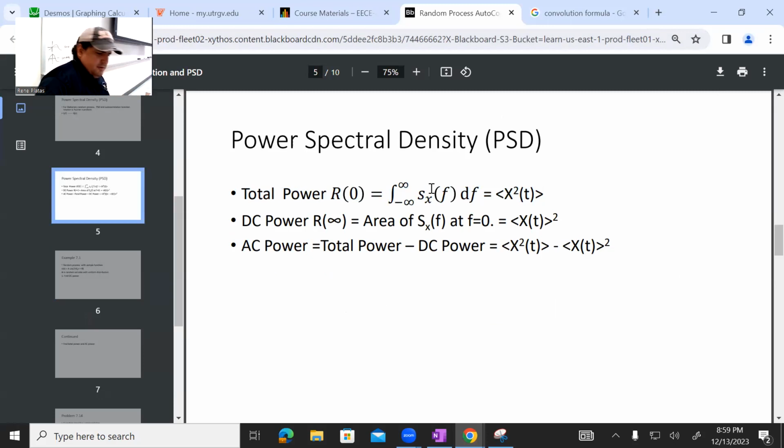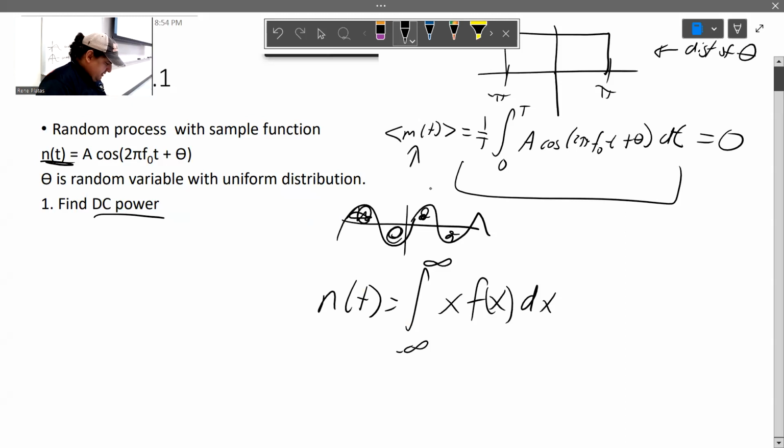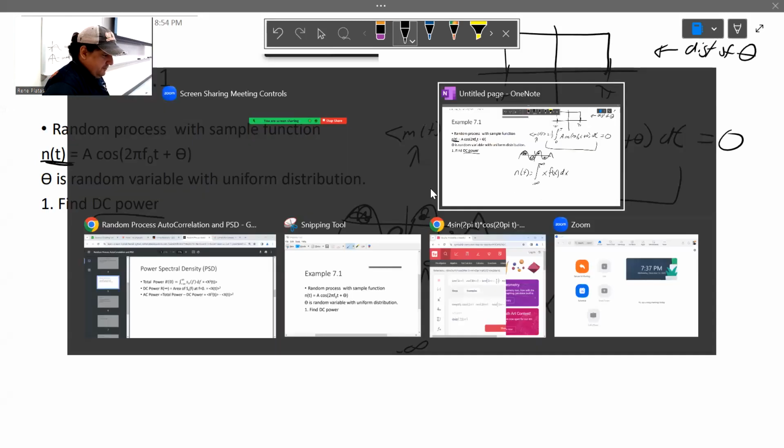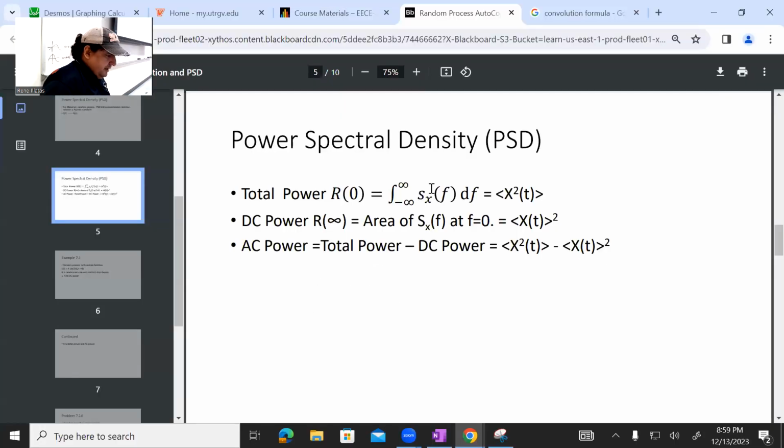So we apply that formula to our X(t). And we get, the second one? You don't want the second one? Not yet. We're doing total power apparently, because in order to find the total power, we have to find the area of this. So let's just go in order. Because in order to find the area, we need to find this first.